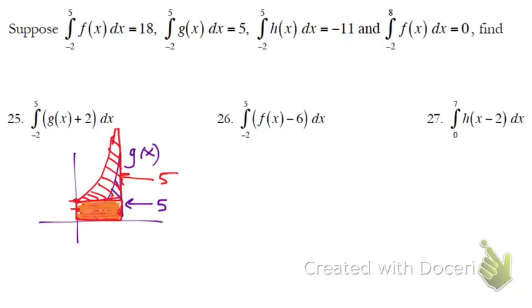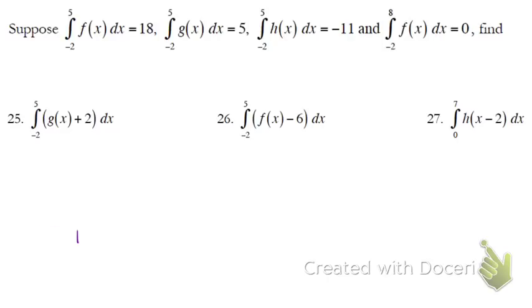So I'm going to rewrite this really quick just so you guys can see it as the integral from -2 to 5 of g of x dx plus the integral from -2 to 5 of 2 dx.